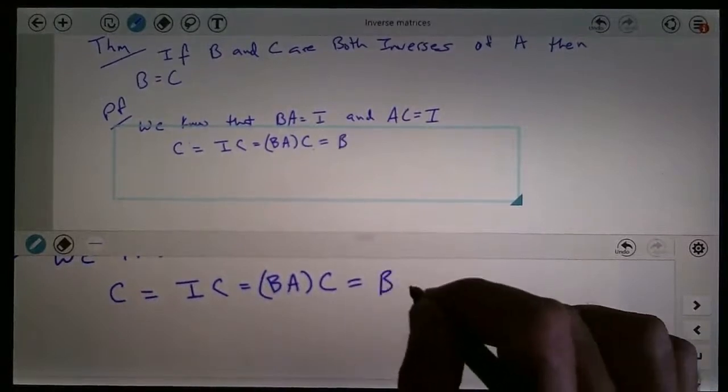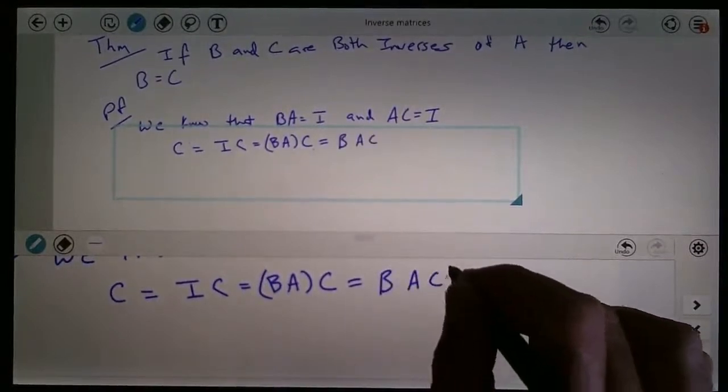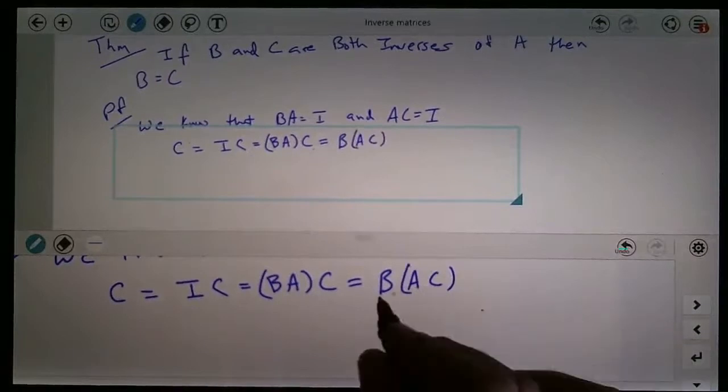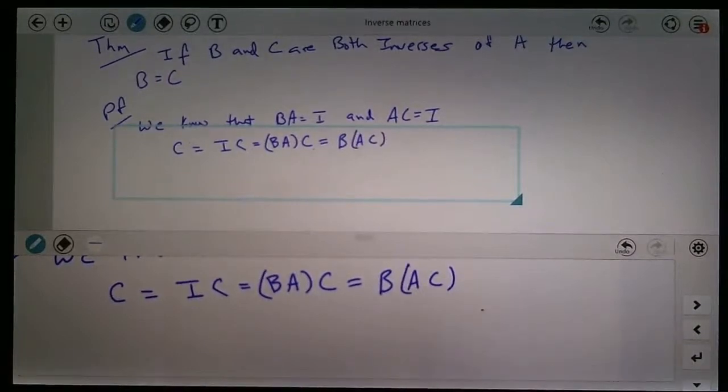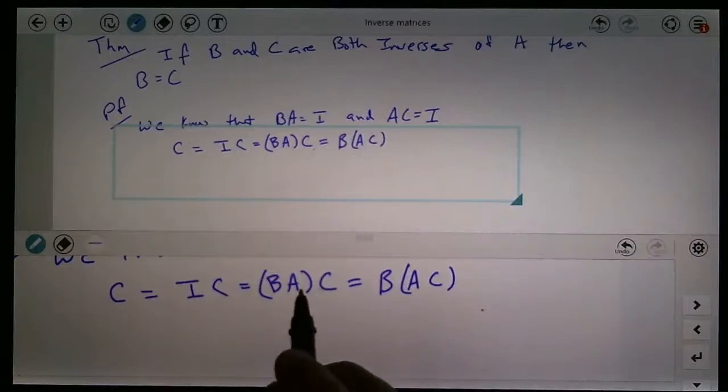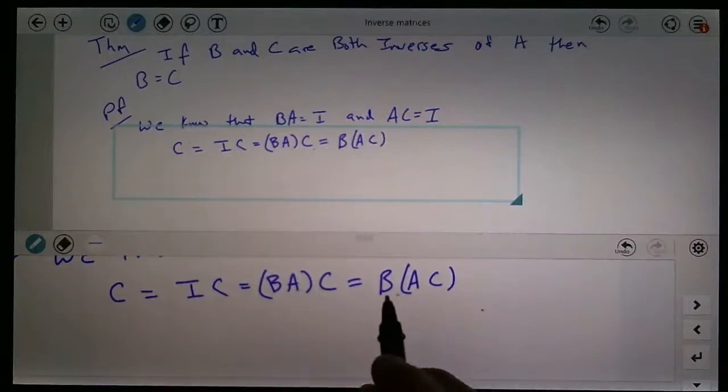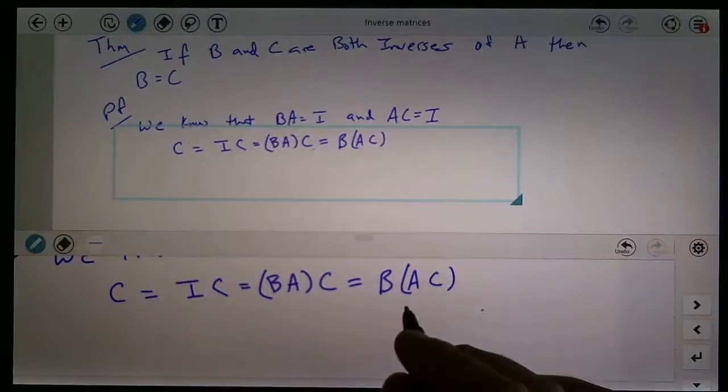So I keep the order the same. It's still B, A, and C, but I'll multiply these two together first and then that one. I cannot commute, right? Multiplication cannot be switched order. But I'm not switching the order, I'm just switching the grouping, and that is okay.